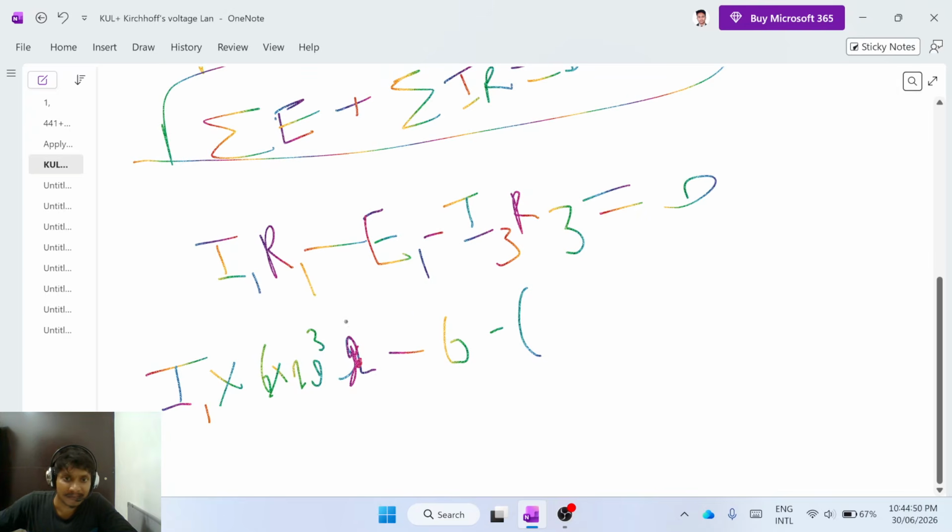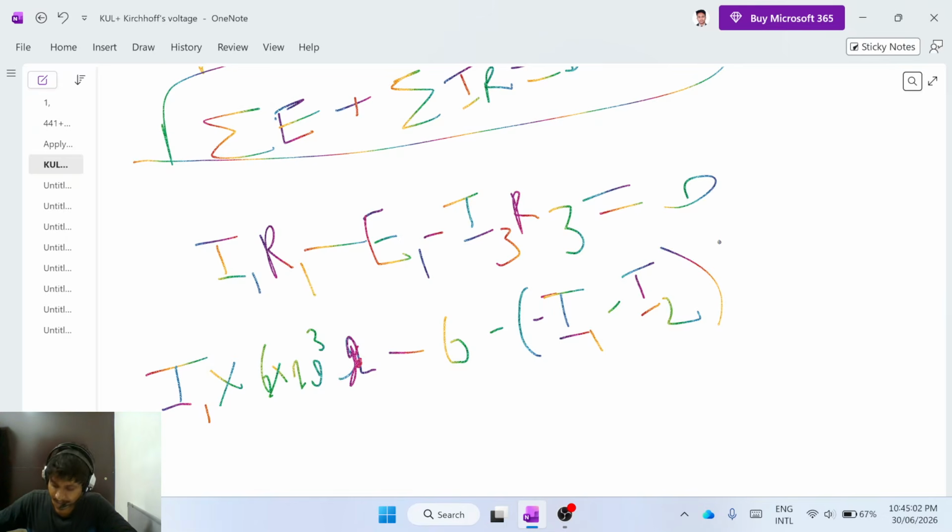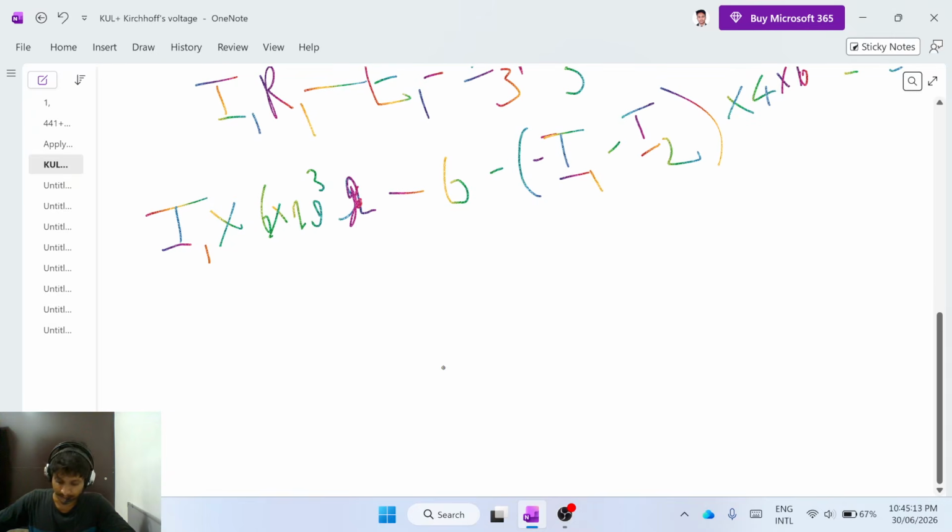Therefore, I1 into R1 minus E1 minus I3, where I3 is minus I1 minus I2, into R3. R3 is 4 into 10 to the power 3, which is 4000 ohm, equal to 0.